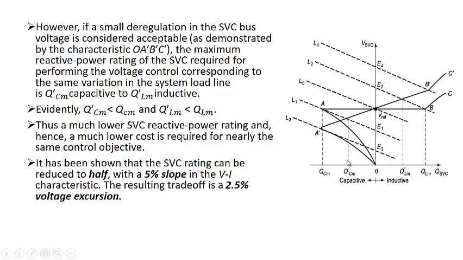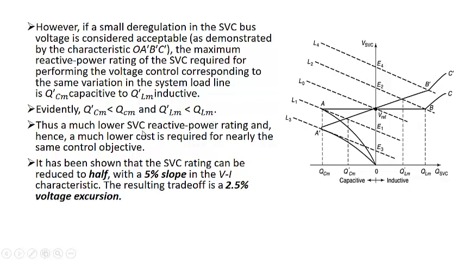That means we need to supply only Q dash CM reactive power, which will definitely be less than QCM. And for L2, it needs to consume a reactive power of Q dash LM, definitely less than the reactive power QLM consumed without slope. So Q dash CM will be less than QCM and Q dash LM will be less than QLM.